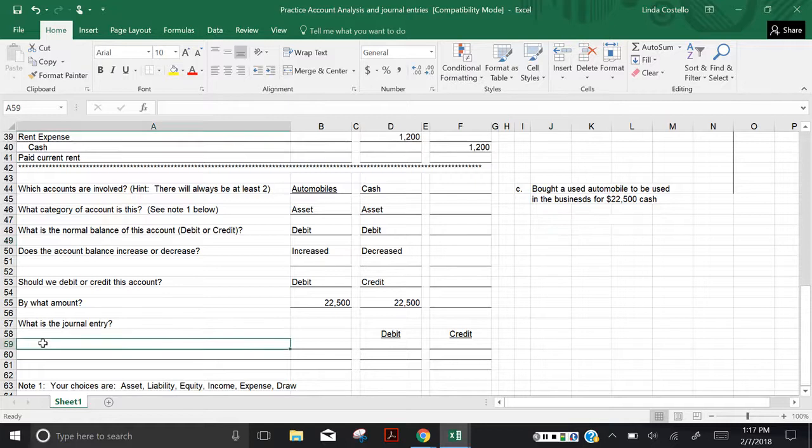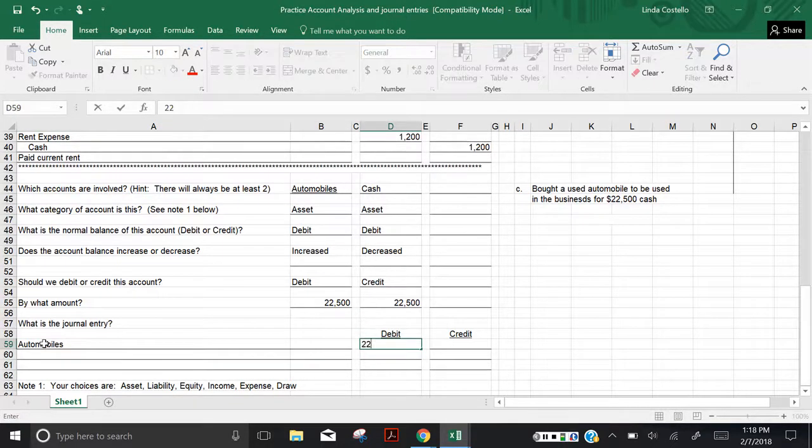So hopefully you debited automobiles by $22,500 and you credited cash for $22,500.